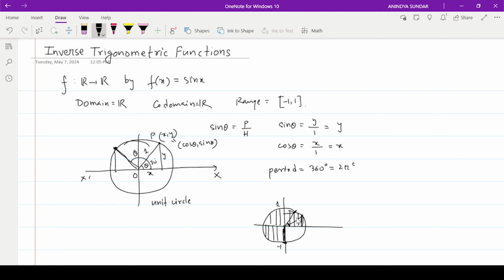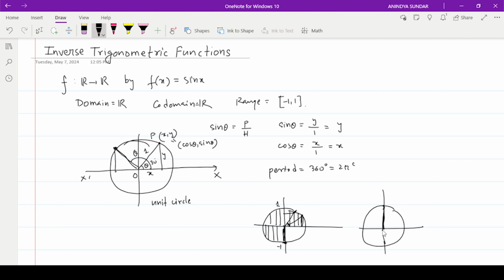So if I draw these vertical lines upward, the tallest line that I can draw is of length 1. That is this particular length, and this is basically sine 90. So that is why our maximum possible outcome is 1.